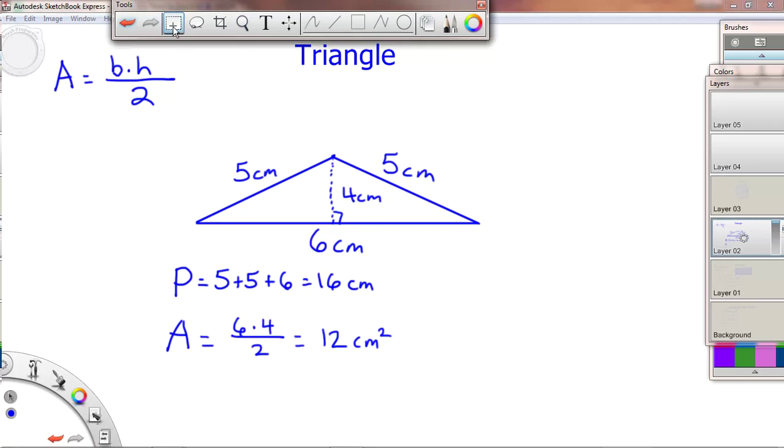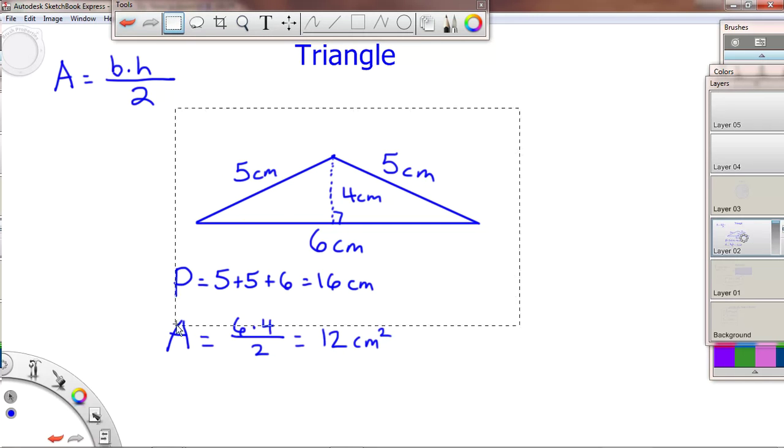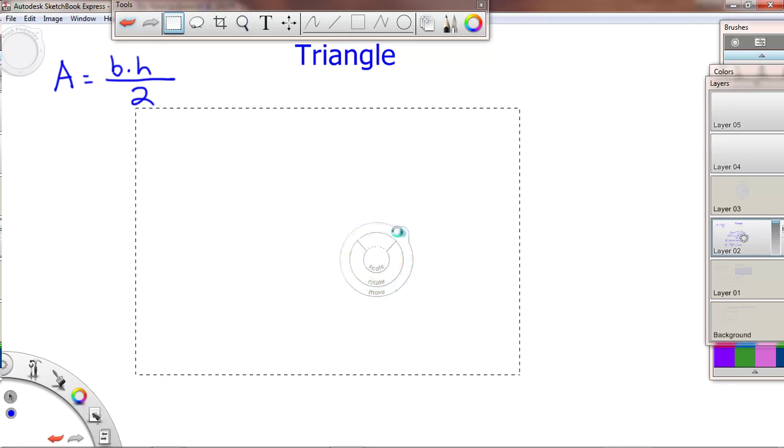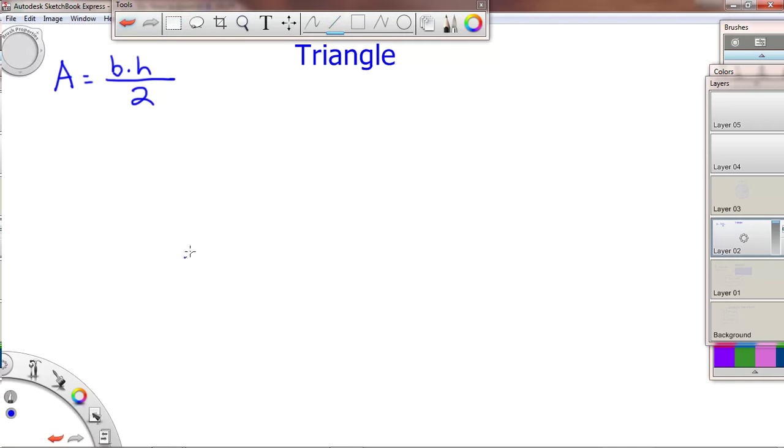I'm going to do one more tiny example just to prove a point here. All right, let's say that we've got a triangle that looks like this. How do you know base?